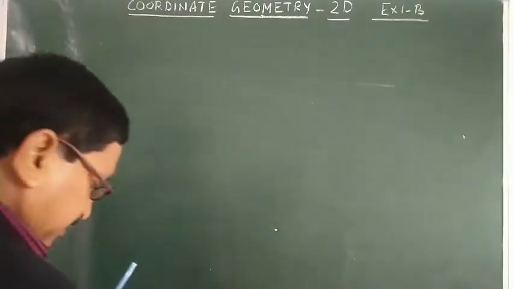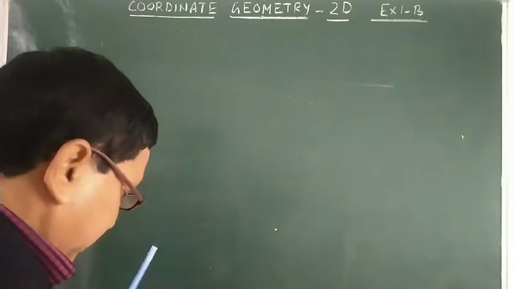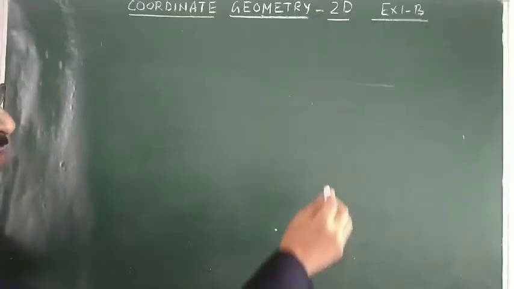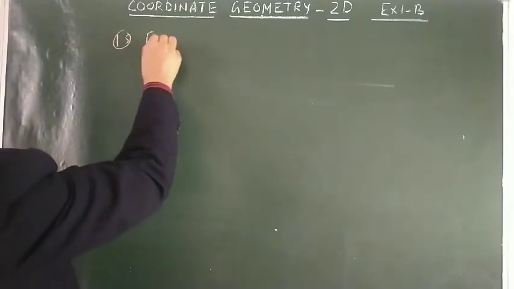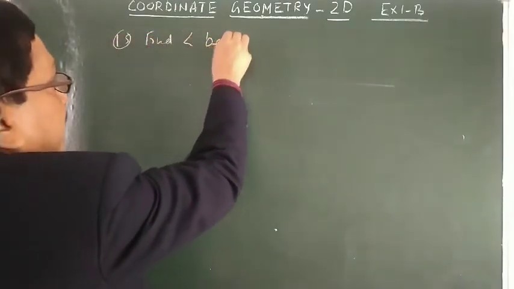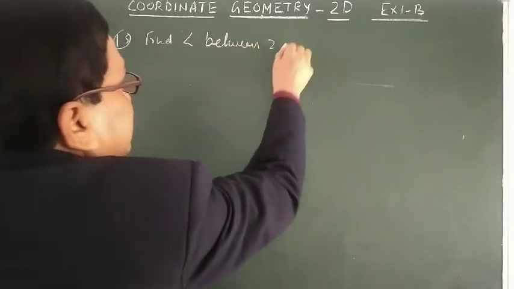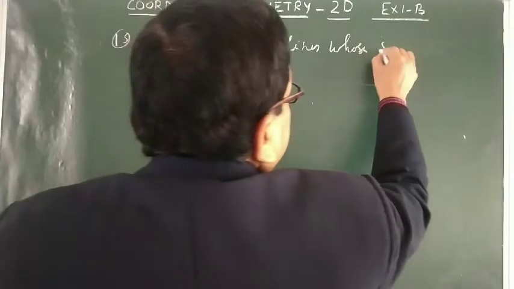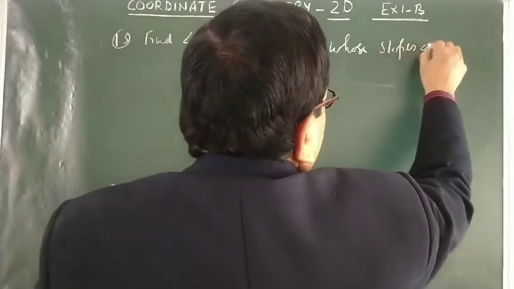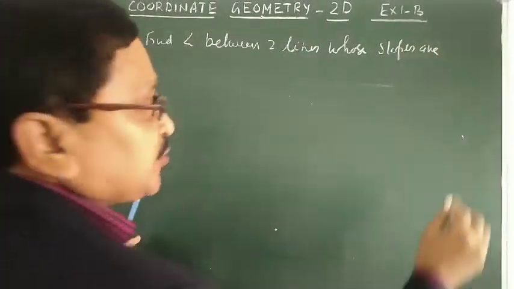Next, question number 15. Find the angle between two lines whose slopes are 1 by 2 and 3.